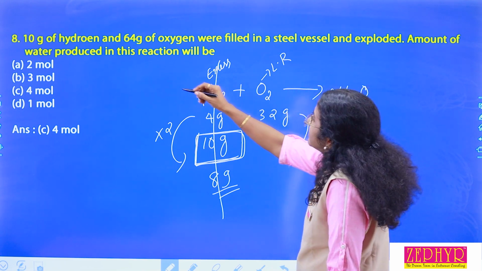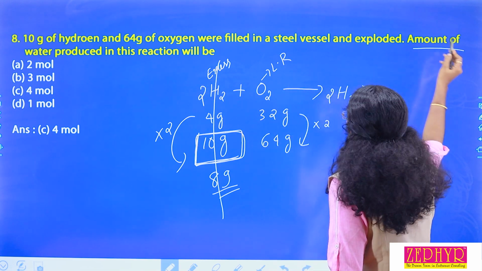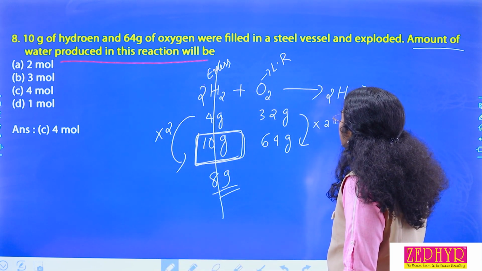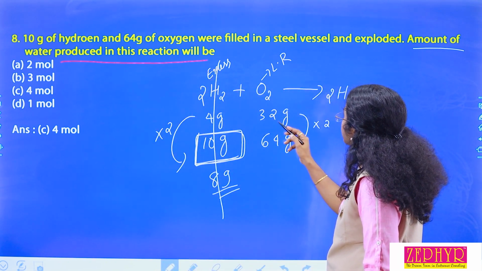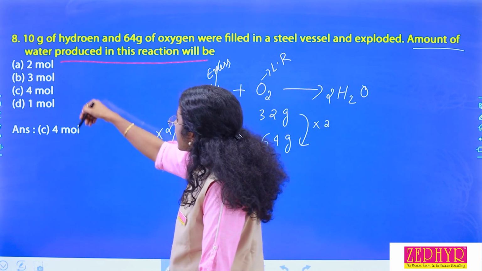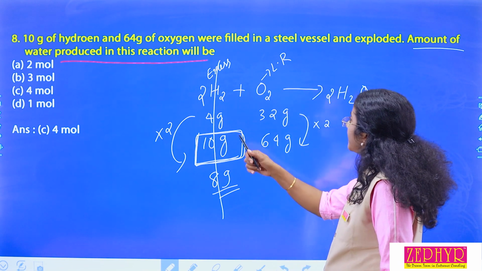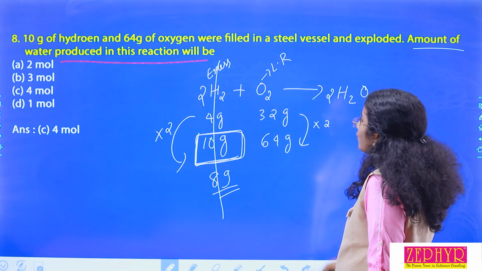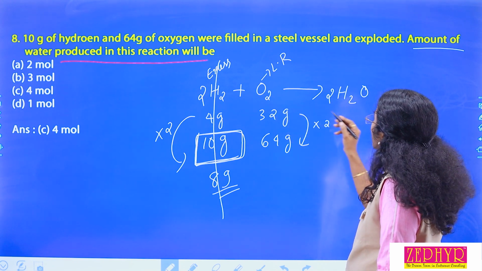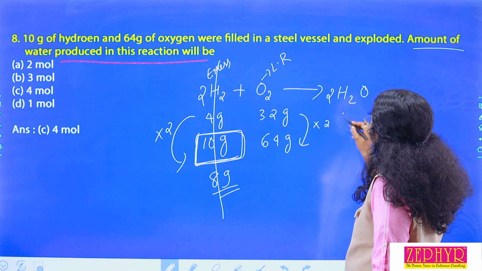And also the amount of water produced, that is the question. Here the answers are in mole, so we can calculate the mole of water. From 32 gram oxygen, 2 mole water is formed.